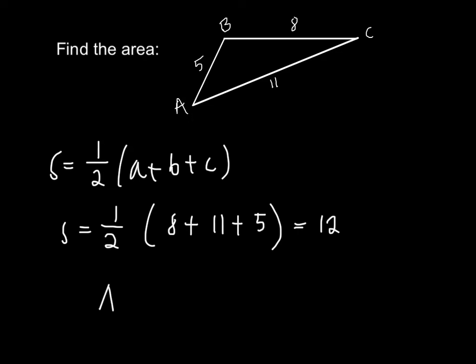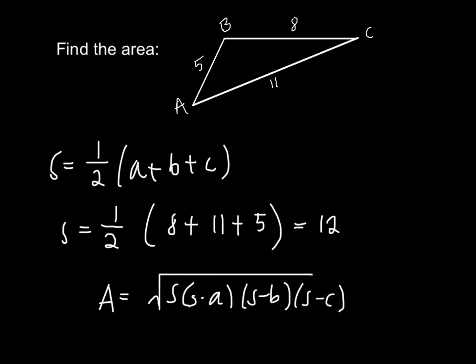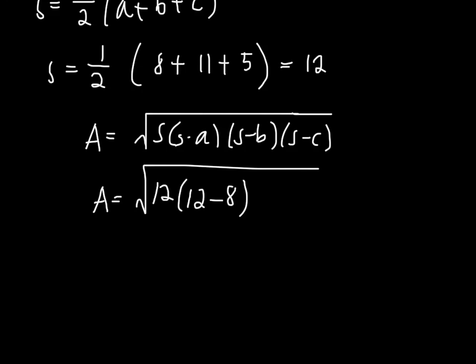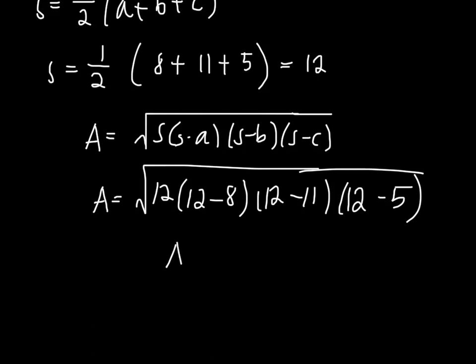Now we plug this into Heron's formula, the square root of S times S minus A times S minus B times S minus C. We get the area equals the square root of 12 times 12 minus 8, 12 minus 11, and finally 12 minus 5. We simplify this and get 336 as our area. We can say units squared because we're not given units.